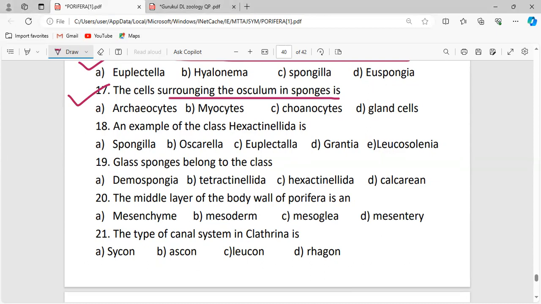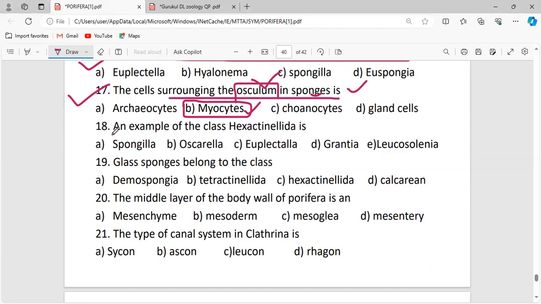You are saying a perfectly incorrect answer. See, the cells surrounding the osculum in sponges are myocytes. The cells surrounding the dash in sponges are again myocytes. Just refer to that in the PPT.